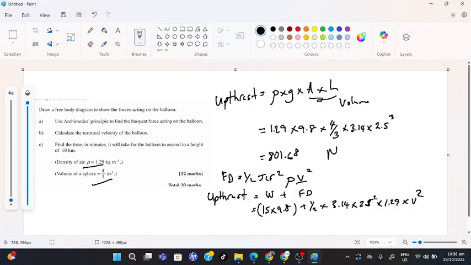And we don't know what that is. I know that the upthrust was equal to 801.68 newtons. So take a note of that, and I'm going to erase the top part and send that screenshot to the WhatsApp group.